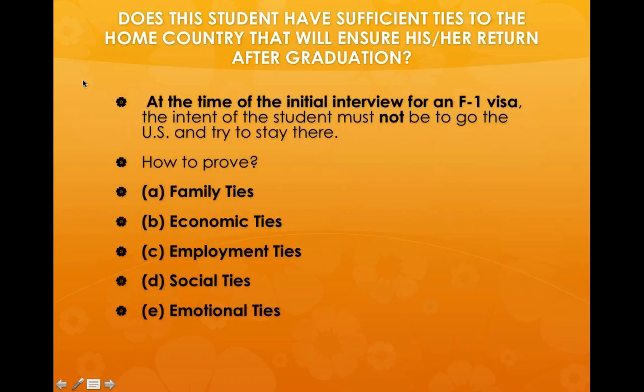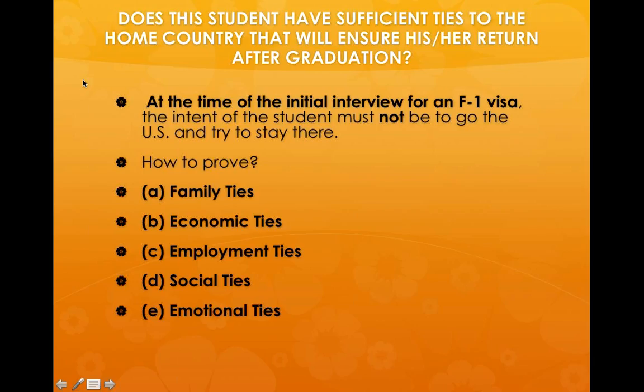The next, which is the most important, is that at the time of the initial interview for an F1 visa, the intent of the student must not be to go to the US and try to stay there. If you wish to go on a permanent basis, we would certainly ask you to go and apply for an H1 permanent visa.